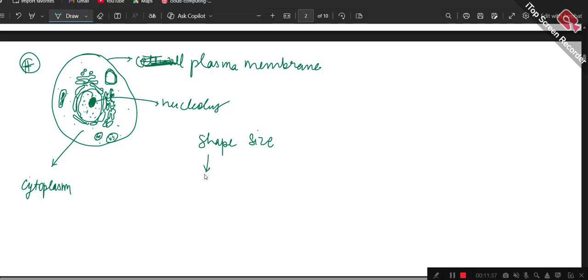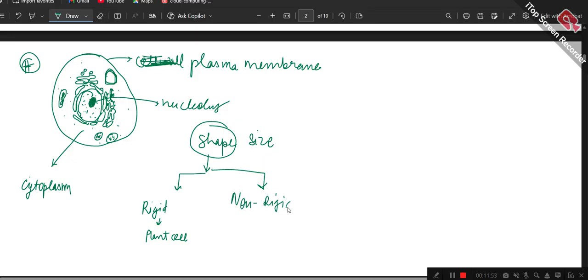For example, for the shape part, the shape of the cell could be rigid, as in the case of a plant cell, due to the presence of the cell wall, right? And it could be non-rigid as well, as in the case of an animal cell, because it just has a plasma membrane as the outer covering, right?